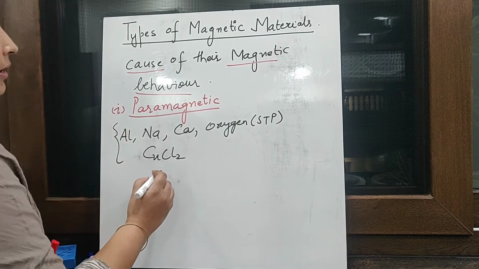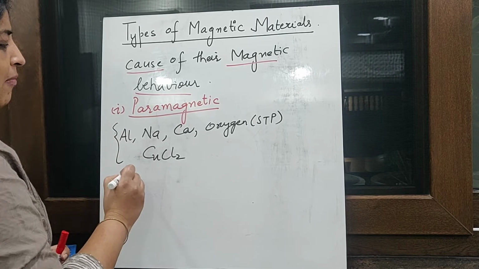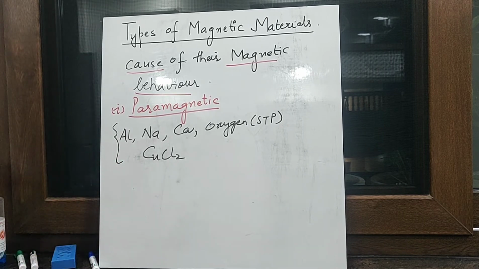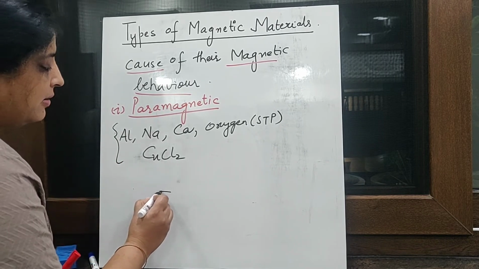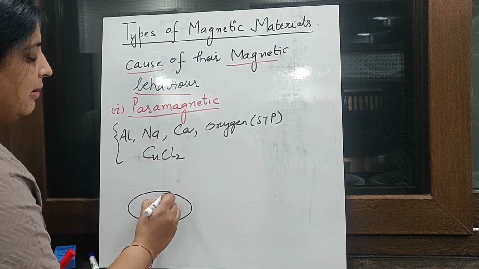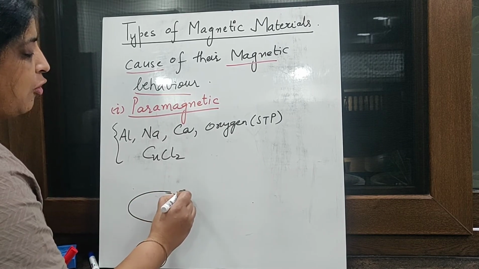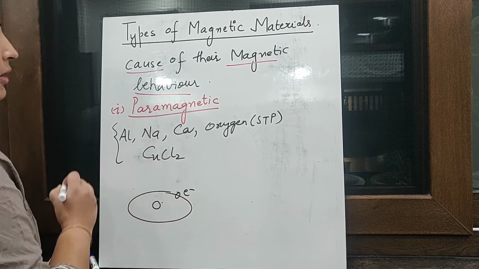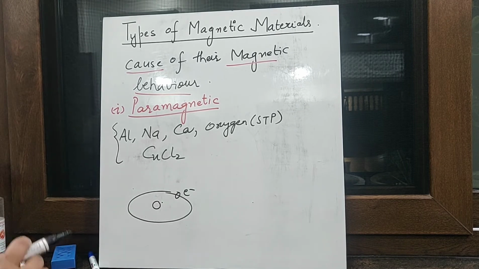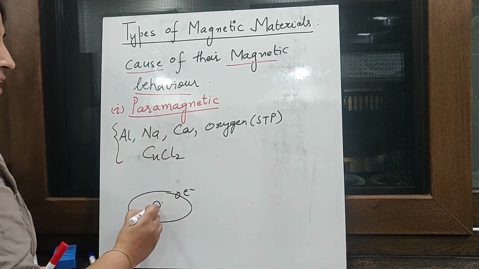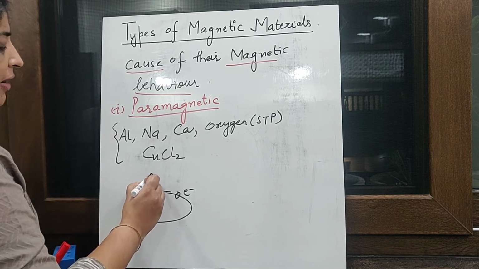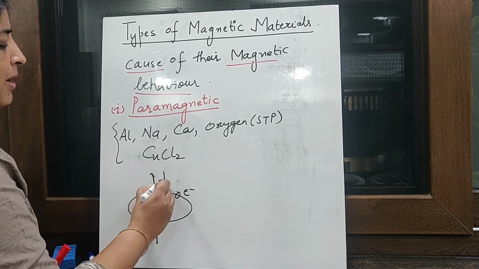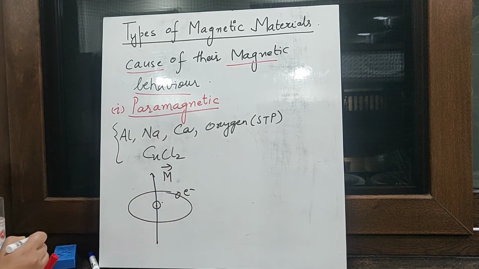Now, every atom of a paramagnetic material, suppose this is an atom representing an orbit of an electron, will have a magnetic moment of its own, okay?